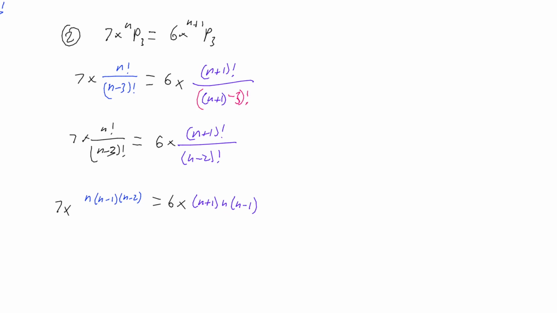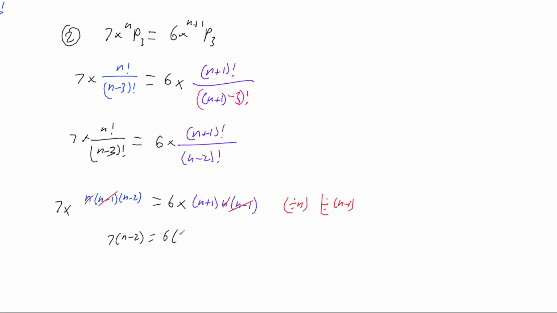So now we can look at what we can cancel, and I can divide both sides by n to cancel out my n's. I can also divide both sides by n minus 1 to cancel out my n minus 1's. And that leaves us with 7 outside of n minus 2 equals 6 outside of n plus 1.